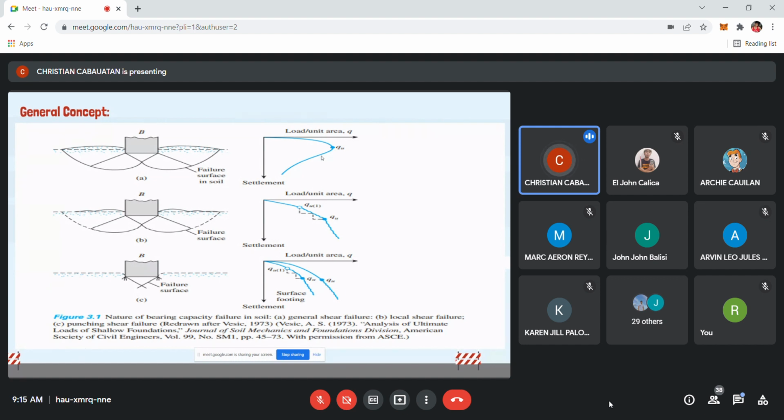Makikita natin 'yan sa broken lines. Ito 'yun. Ito yung sinasabi ko, mga broken lines na 'yan. Okay? The load per unit area at which this happens is the ultimate bearing capacity.